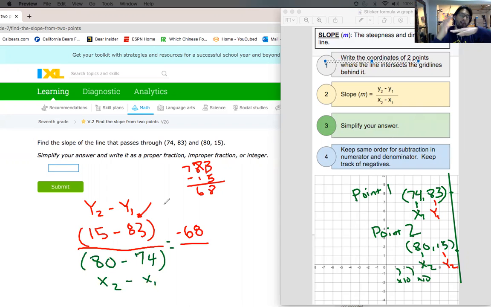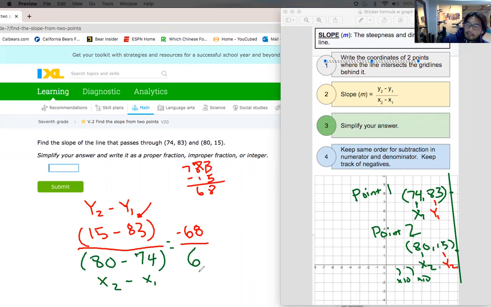So it's pulling me all the way past the 0 into negative territory. The much bigger number is your, I believe it's called your subtrahend. And then 80 minus 74, that is simple subtraction, that is 6. So now we've got negative 68 divided by 6.